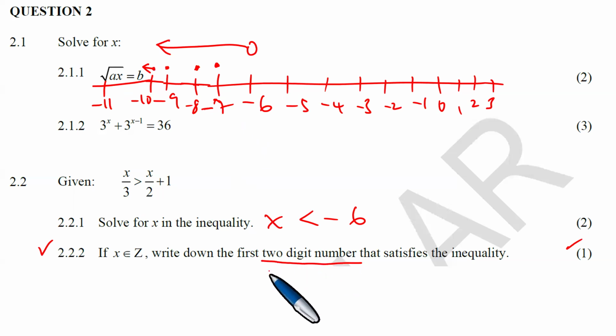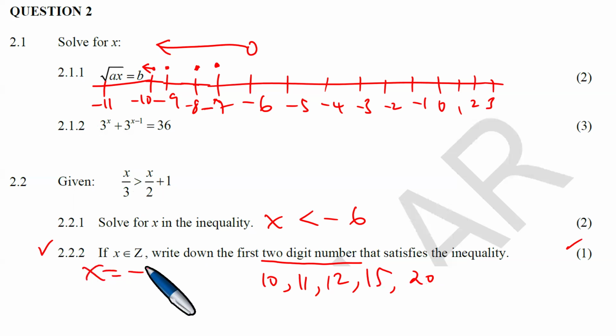Two-digit numbers are numbers of 2 digits, like 10, 11, 12, 15, 20. So which is the first two-digit number that satisfies? Negative 10. That's the answer. It's negative 10.